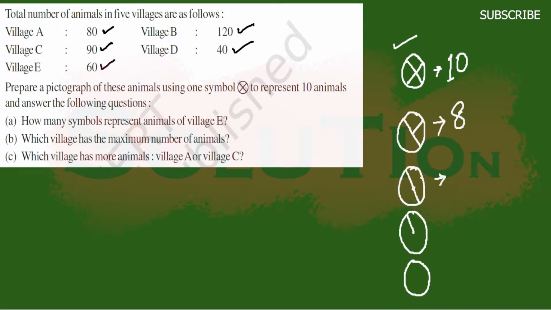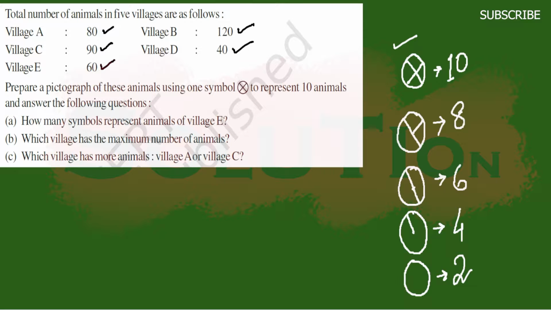In our third picture we have used one circle and 2 lines, so that means 6. Next we have one circle and 1 line, so that means 4. So one symbol basically represents 2. If I add one symbol then that means 2.